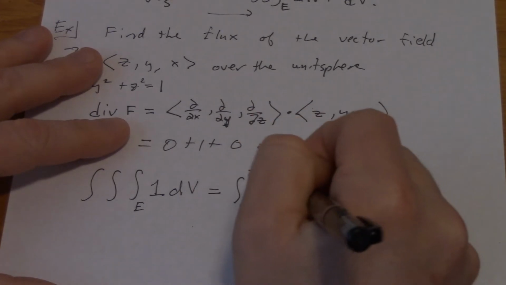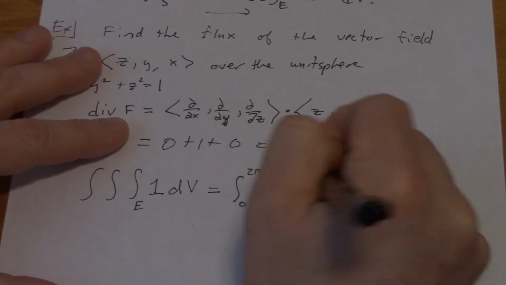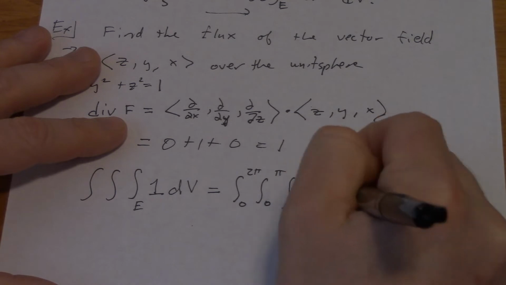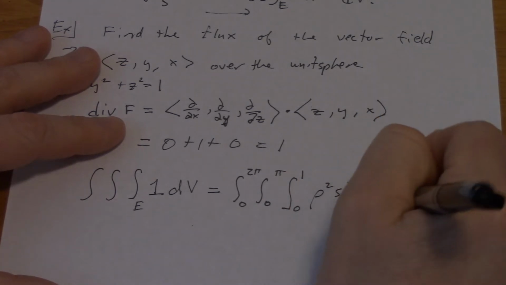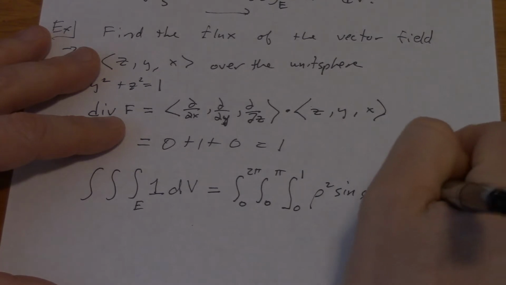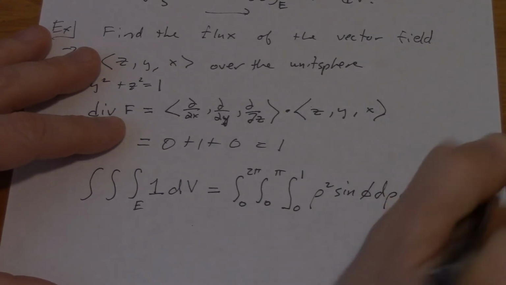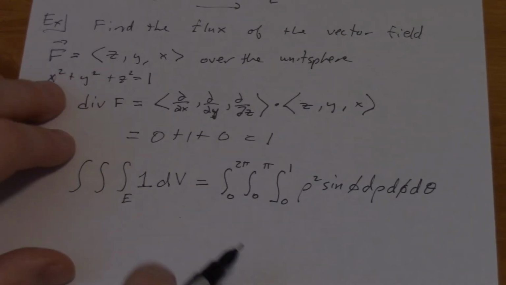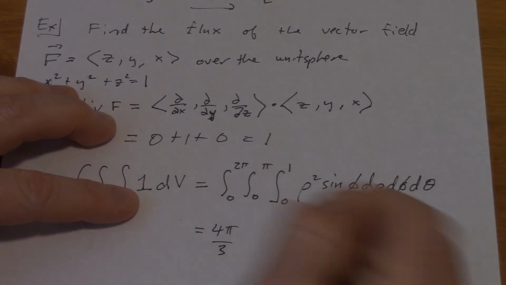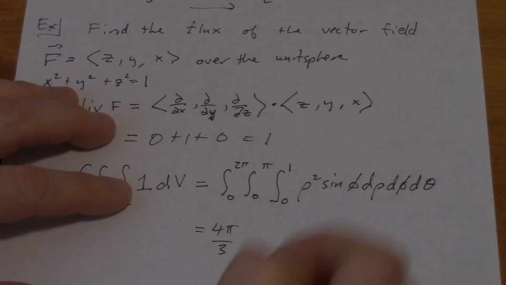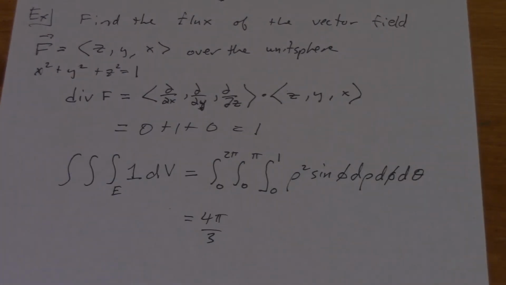Converting to spherical, we'd change the integrating factor to rho squared sine phi, and this would be d rho, d phi, d theta. We're not even going to bother integrating that because that's just the volume of the sphere. So that's going to be 4 pi over 3, because the radius is 1.